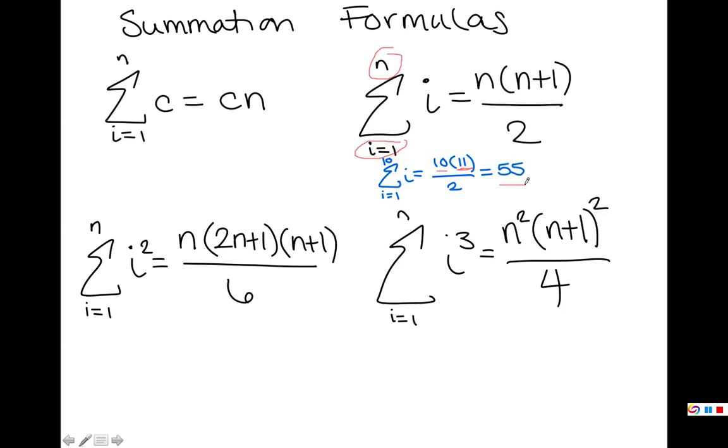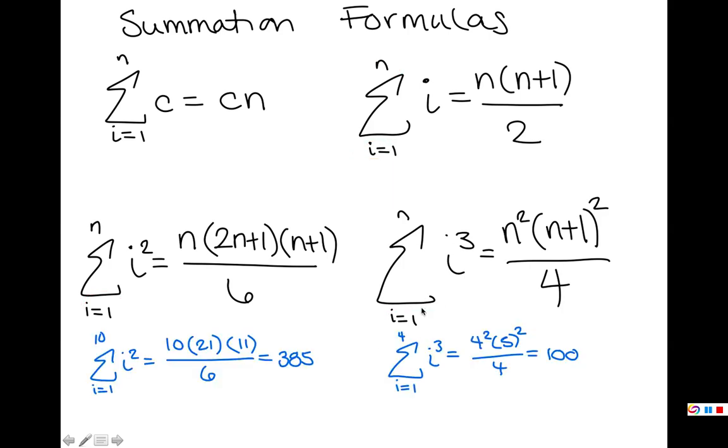And then we have formulas for i squared or i cubed. Notice all of these formulas, you have to start at i equals 1. I have written down in blue an example of each of those.